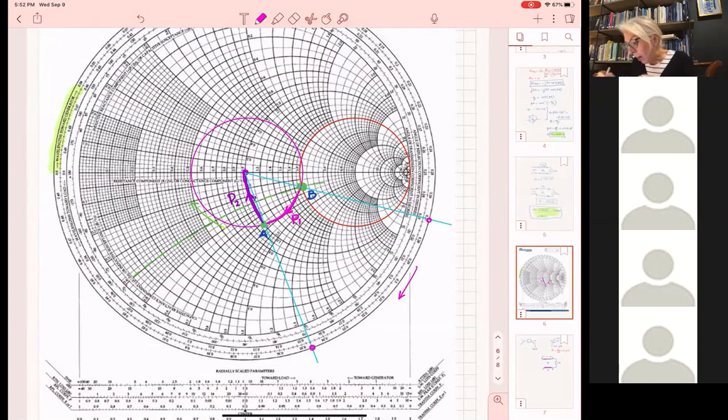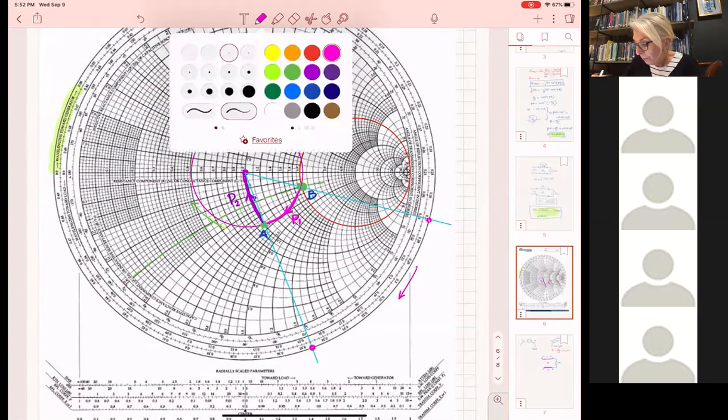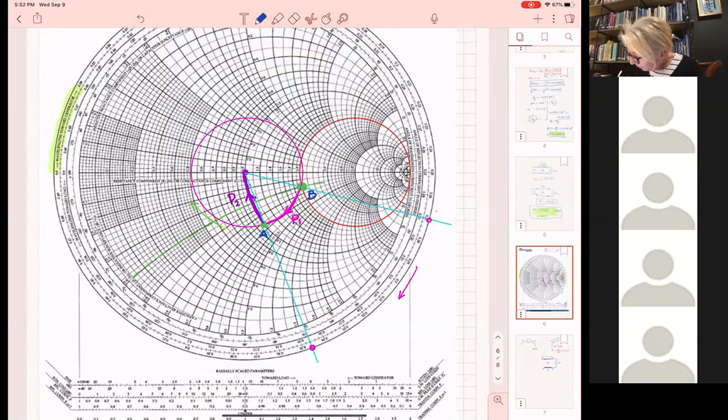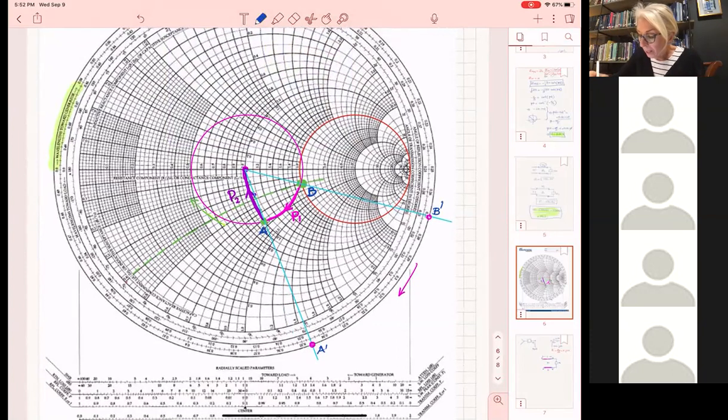Okay, so I can, in fact, for simplicity, put here B prime and then here A prime. So let's see, what I read from here is 0.26, about 0.27. So here you see I'm reading at the outer circle, all right?